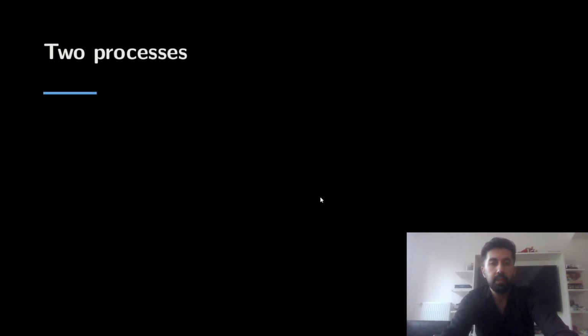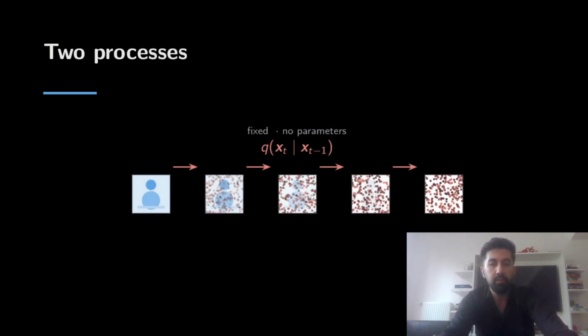And basically we have two processes. Going from left to right, we have the noisening process, the forward process, where basically we're adding noise. We write it as Q, just a notation. We start with a real image. We add a little noise. We get x1. So we started with x0. We added a little noise.